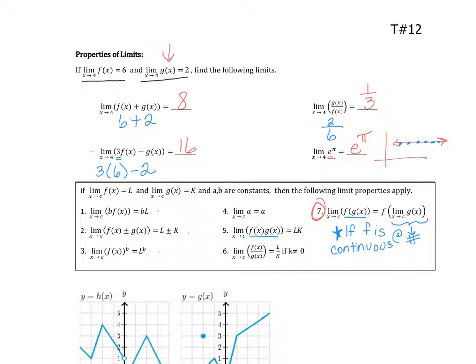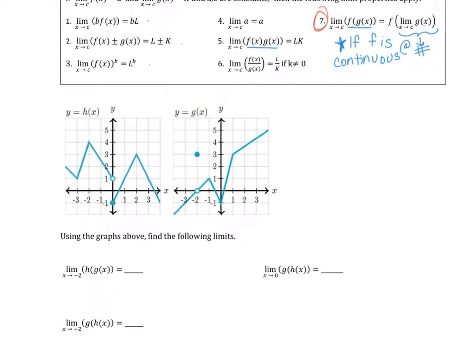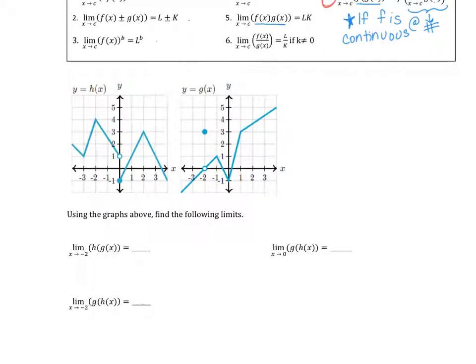If your outside function is not continuous at that value, the limit is not going to exist. But if it is continuous at that value, you're just going to read off and see what you get. So let's look at these three.